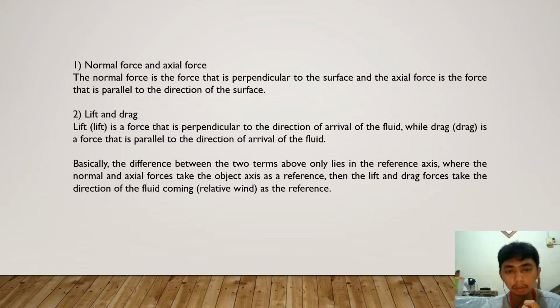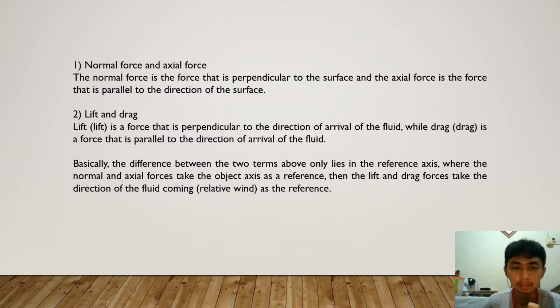Lift is a force acting in the direction perpendicular to the arrival of the fluid, or we can say that the lift is perpendicular to the relative wind, which is where the fluid or air is coming from. Then drag is the force that is parallel to the direction of the arrival of the fluid.